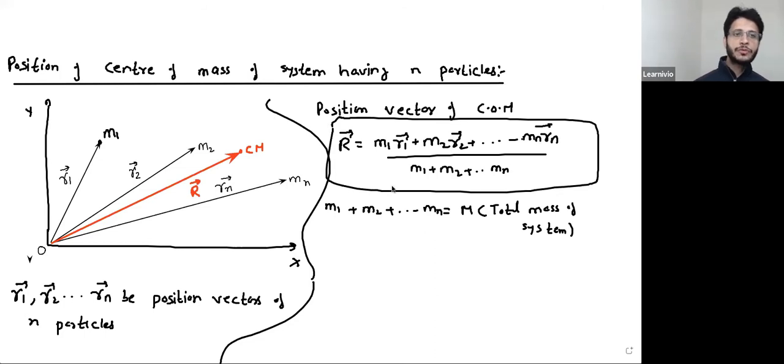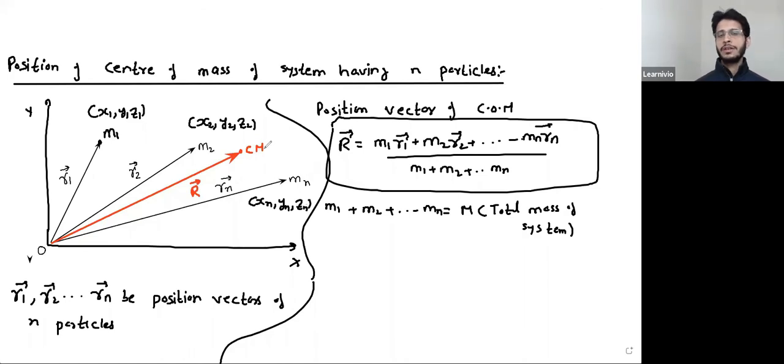But if you have the position vector, you can also calculate the coordinates of center of mass. Let's say the coordinates of the first point are x1, y1, z1. With respect to origin, its x coordinate is x1, y coordinate is y1, z coordinate is z1. In the same way here, the coordinates are x2, y2, z2. Here, the coordinates are xn, yn, zn. As far as center of mass is concerned, the coordinates are x, y, and z.